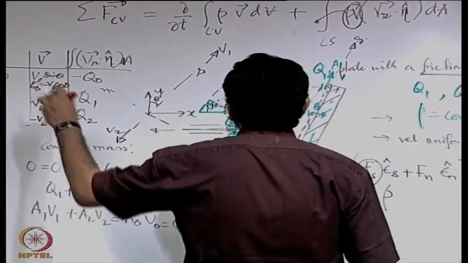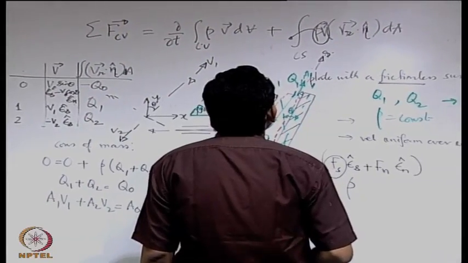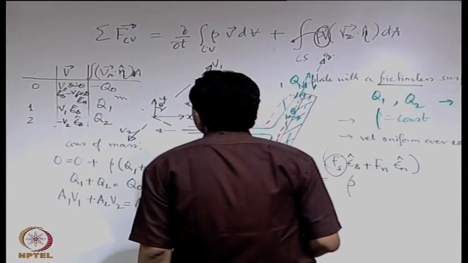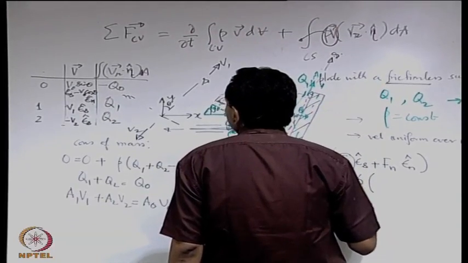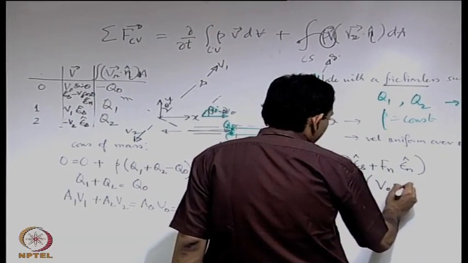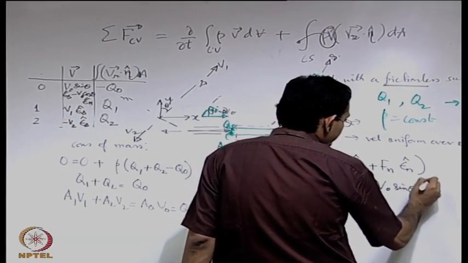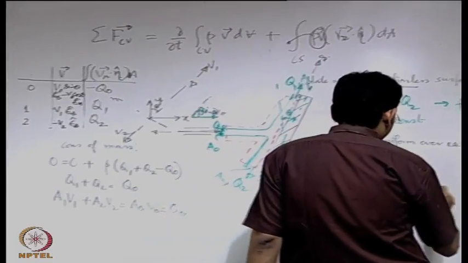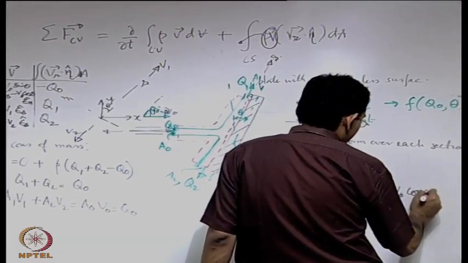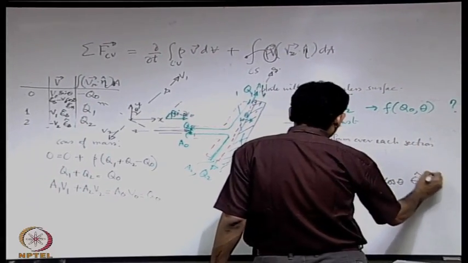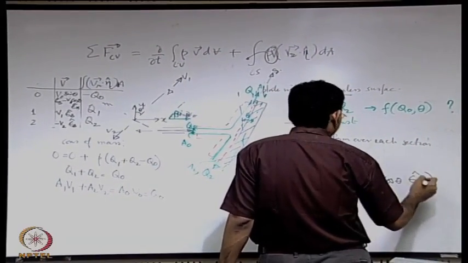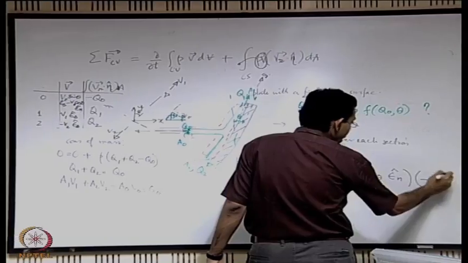If you put that, first for the surface 0, rho into v, where v is v naught sin theta epsilon s minus v naught cos theta epsilon n, into minus q naught.